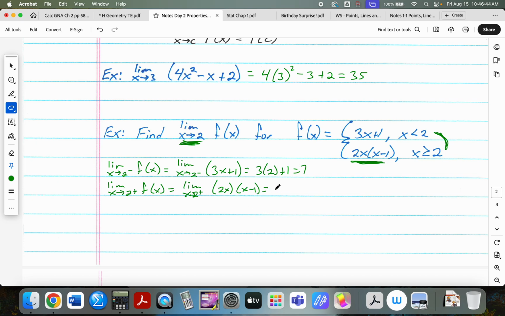Let's see, that's going to be 4 times 1, which is 4. So what do we say about the limit as x approaches 2 of f of x? Yep, it does not exist. When the left-hand limit and the right-hand limit don't agree, then the limit does not exist at that point.